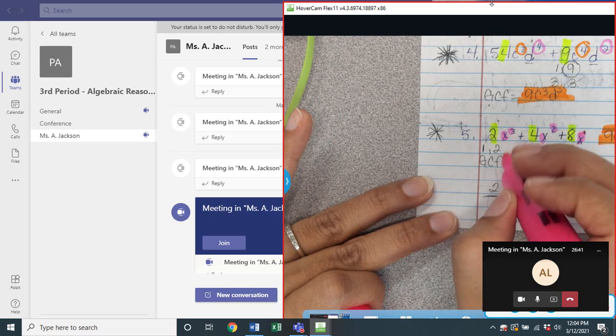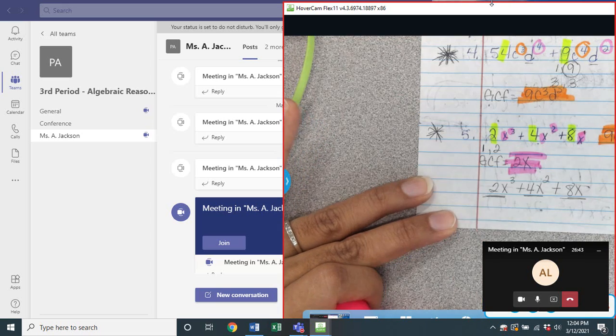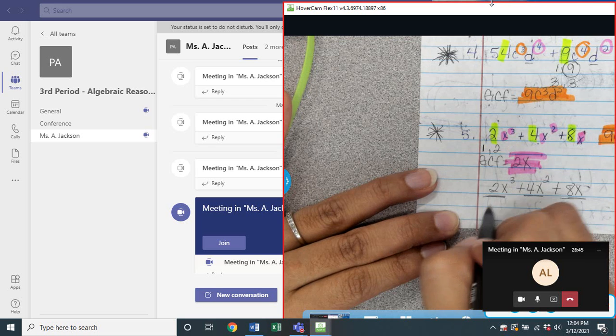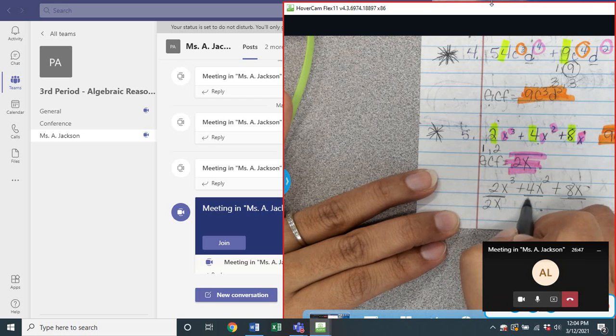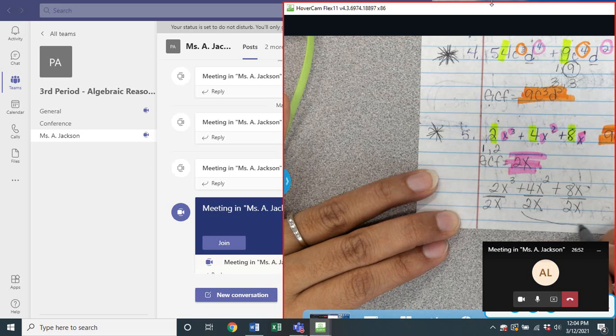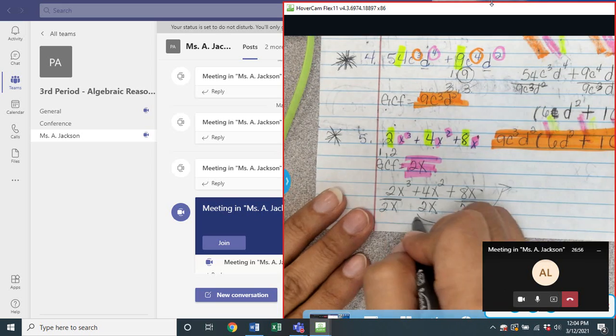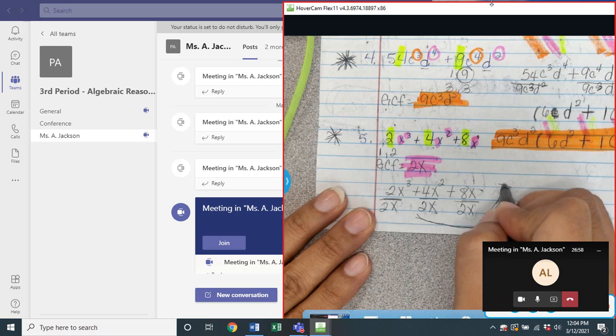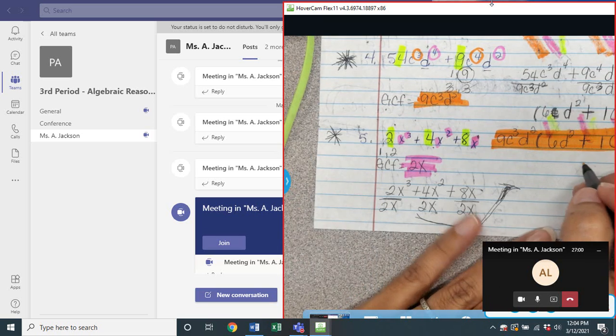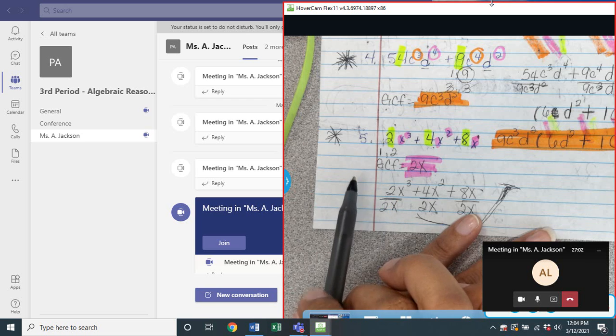Two x. Yes, that's correct. So 2x divided by 2x and 2x. I'm going to work right here so you can see what I'm writing, okay? So what do I do the next one?